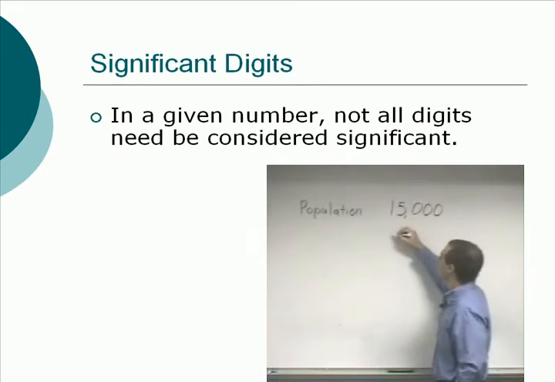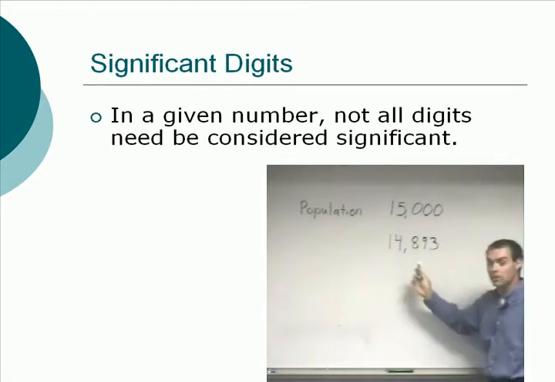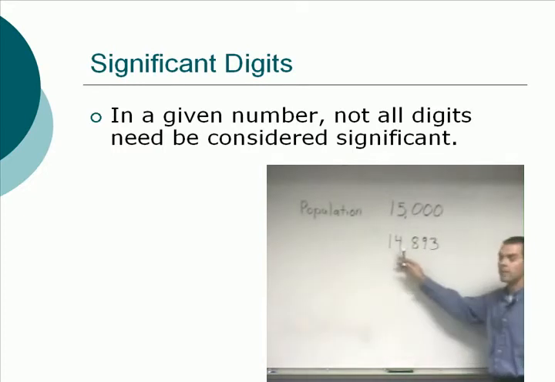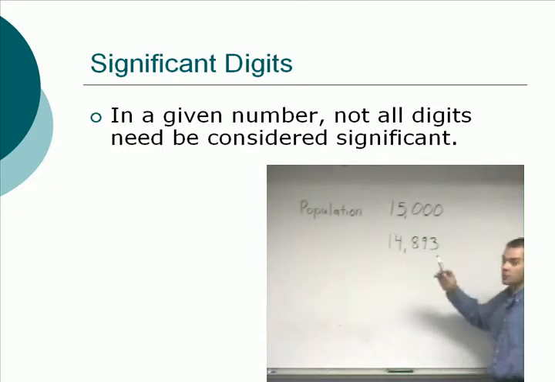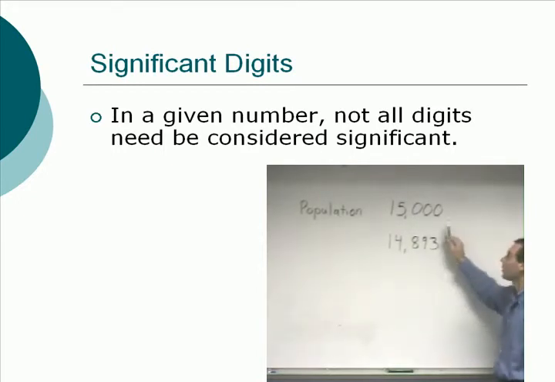Whereas if I told you that a town had a population of 14,893, you would assume that that really was the population. You would assume that this was not a rounded off value, but in fact exact. You might say that you're taking all of these digits very seriously. You assume that they are all correct, whereas these last 3 zeros you assume to be approximation.